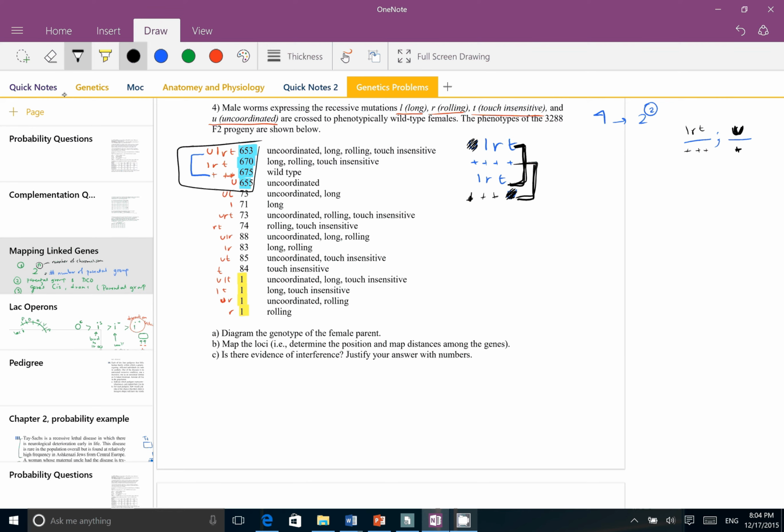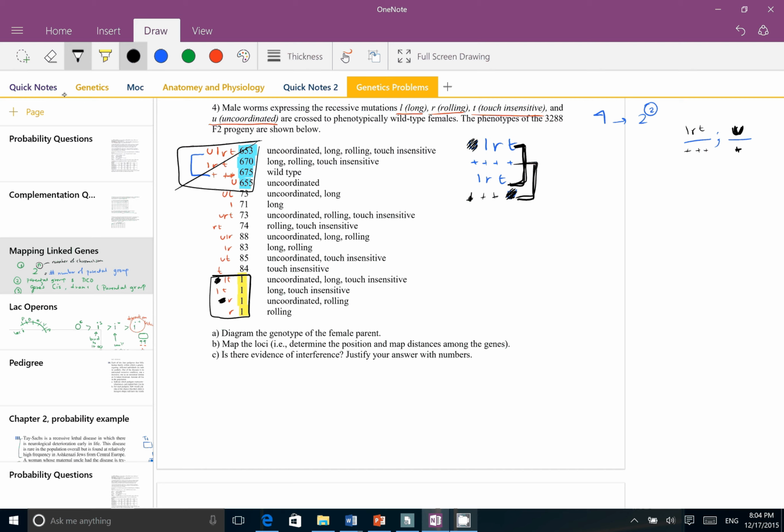This whole thing, parental, I figured out what I wanted to figure out from the parental strands. Let me go for this one, for the double crossover, so I can know the order. What I want to do is delete the U's, right?